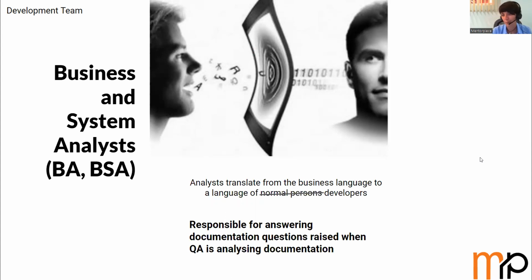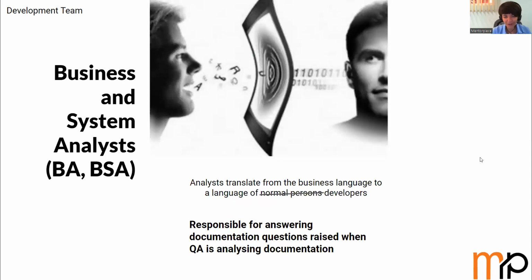And the button probably could be pressed. I'm not sure, but probably. And the analyst is asking that guy about the real needs, about the real things to do, and then translates everything into the technical language.